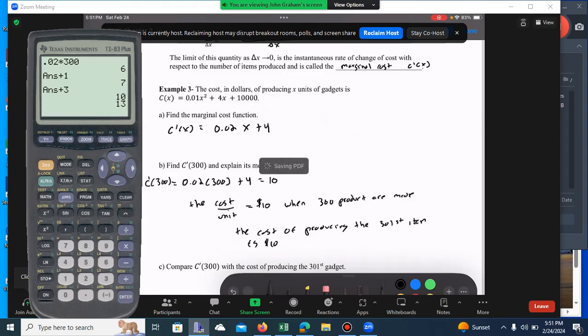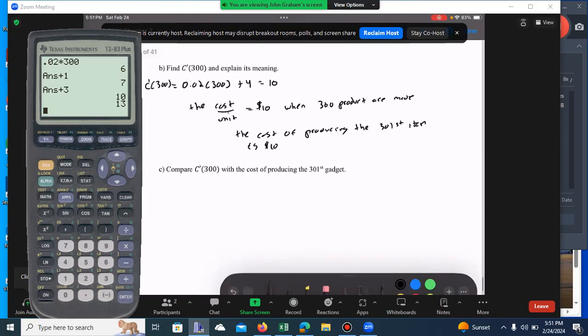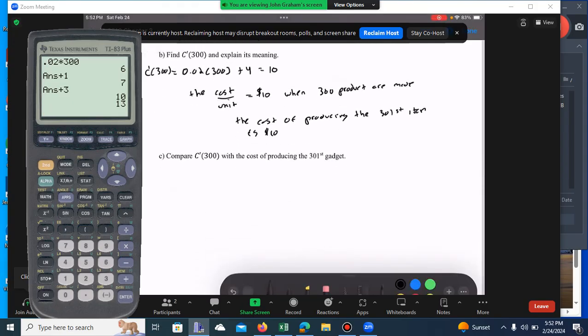So we're going to compare now the cost of producing the 301st item or gadget with that C prime of 300. What we're doing here is looking at C of 301 minus C of 300, and comparing it to the $10 we got.